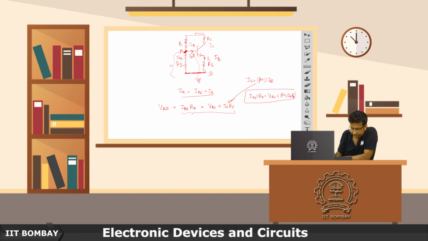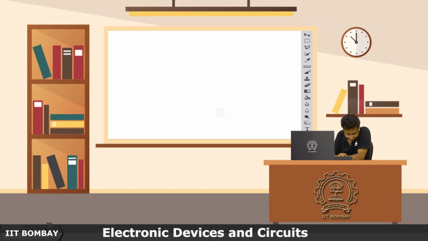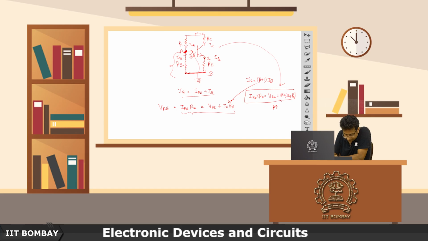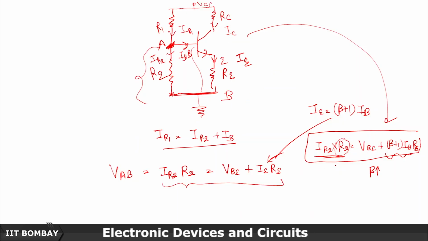Now, if we explore this equation carefully, see, if beta increases, obviously IC will increase and this term will increase, right. In that case, what will happen? This term has to increase as well because the potential drop has to be same. This term will increase because R2 is fixed, so the only way is for IR2 to increase, to maintain the same potential difference.